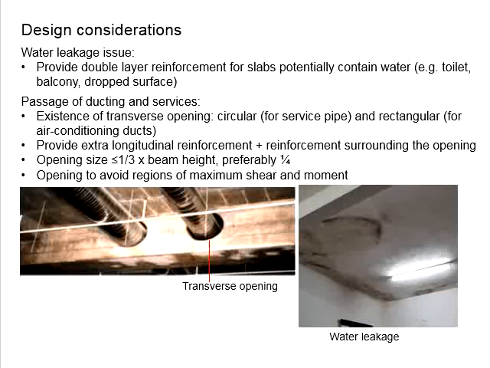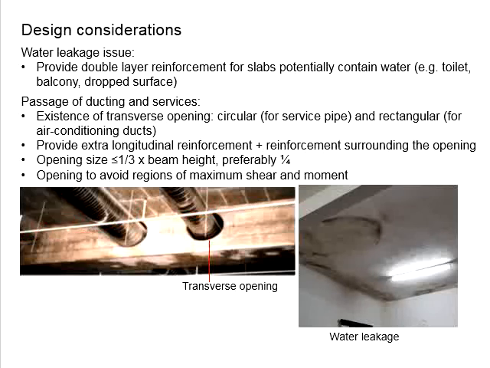That means the contractor is most likely going to create a transverse opening on the beam, providing the passage for the ducting and services. Something like this. In this case, you have a beam here, and this is meant to hang the ceiling.